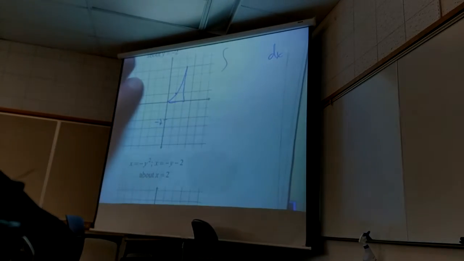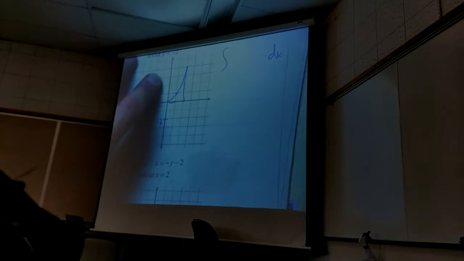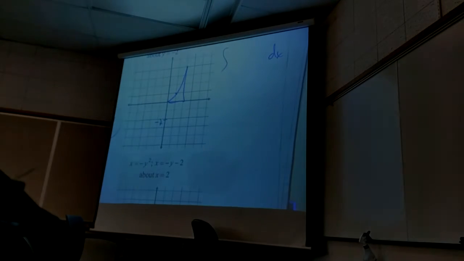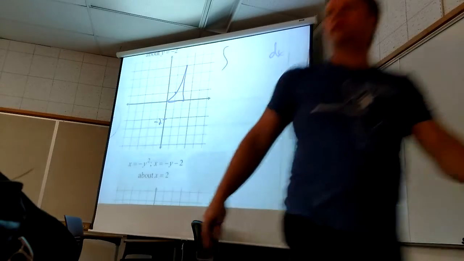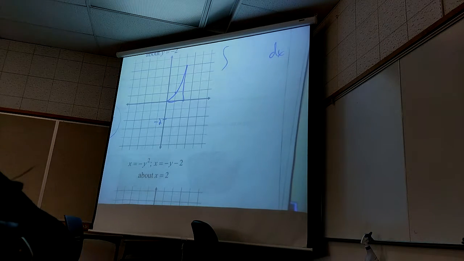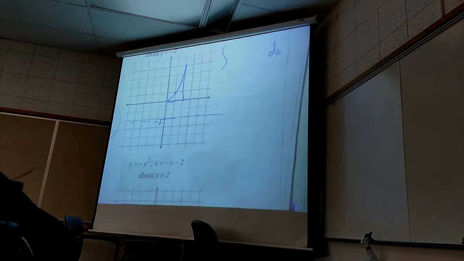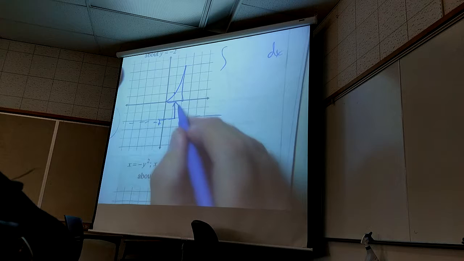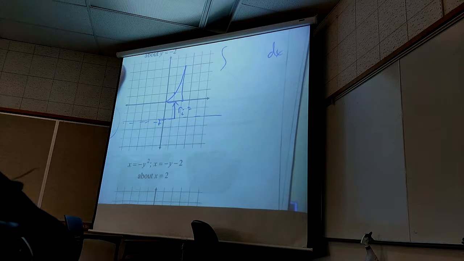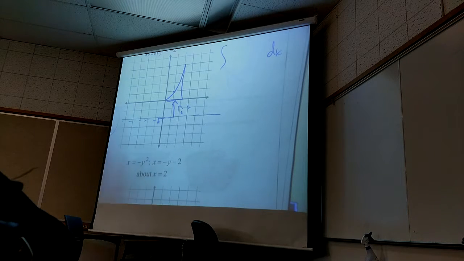So anytime I make the axis not hug the region, what I'm about to do isn't just because I made it not the x-axis, but because does my region hug the axis I'm rotating around? No. The axis I'm rotating around now is this axis. There's an inner radius. What is this inner radius? What is it? 2. And radius is always the distance from the axis of rotation to whatever you're going to.